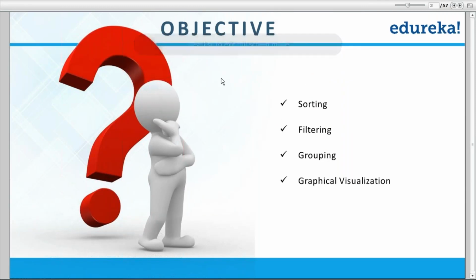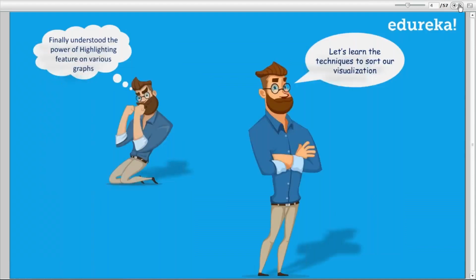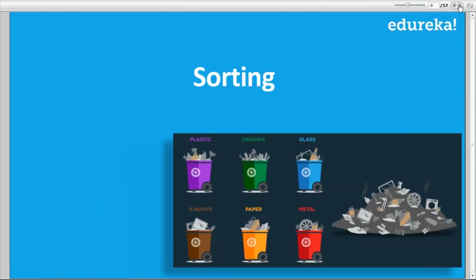So this is going to be the first part of visual analytics in depth. There you see something called sorting. Okay. So sorting is used for that purpose.